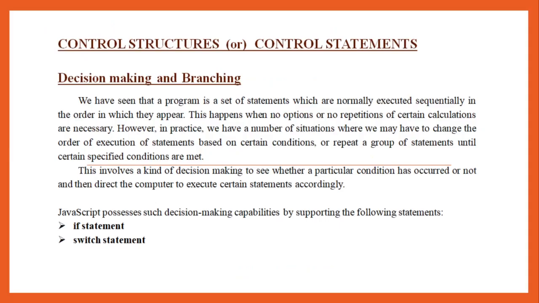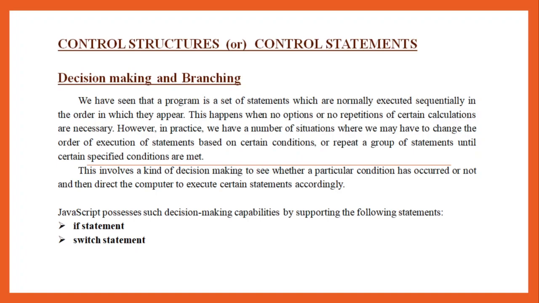Decision making and branching. As we all know, a program is a set of statements which are executed sequentially in the order in which they appear. Now in decision making we can select a block of statements and make the control skip or continue with a particular control flow.